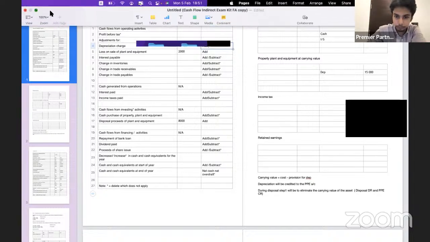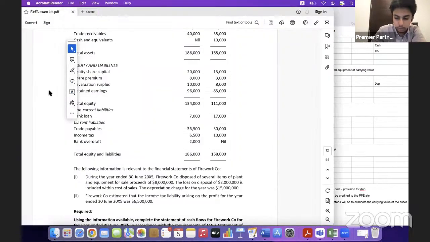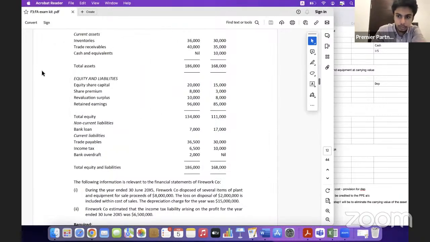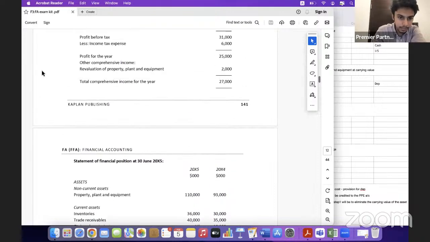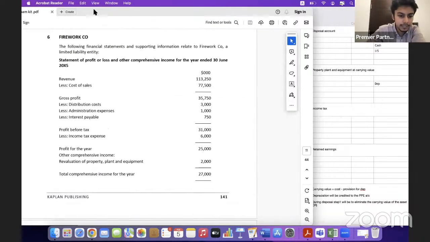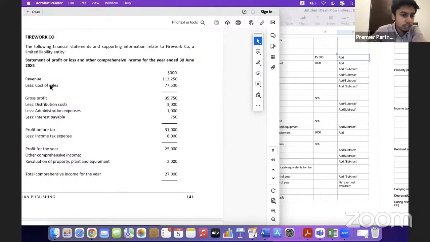Right. Now, guys, the adjustments are now sorted. Now what we are going to do is, guys, we are going to go now from the question paper line by line. So let's just check that and see, guys, over there line by line. Now, guys, let's start then this one. First one. Revenue and cost of sales.